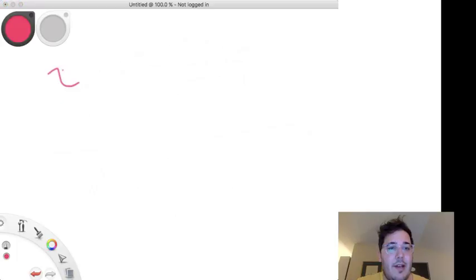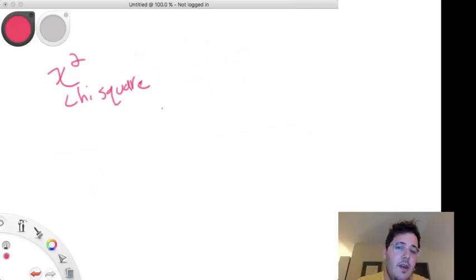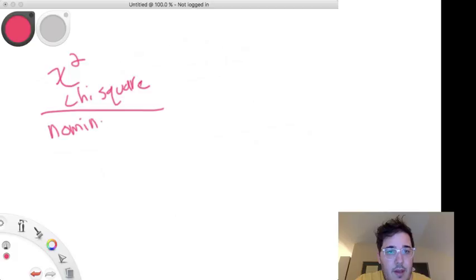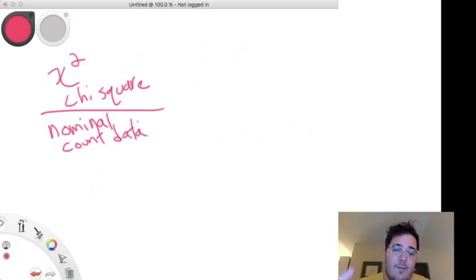We did chi-square, or you might see it like this. So this is when you have nominal data. You can also think of it as count data, where you are placing a whole person or a whole observation into some sort of bin.